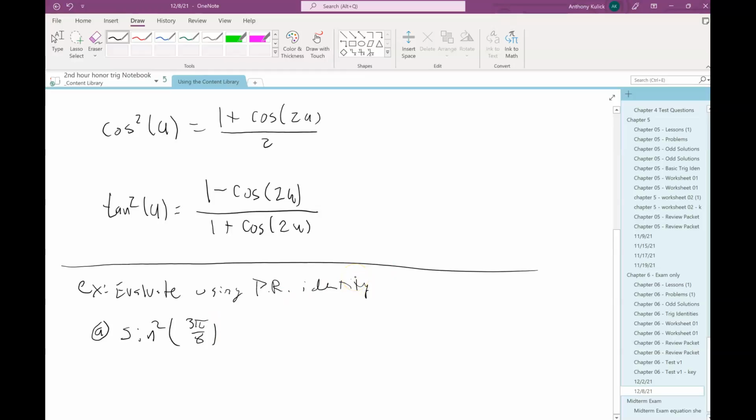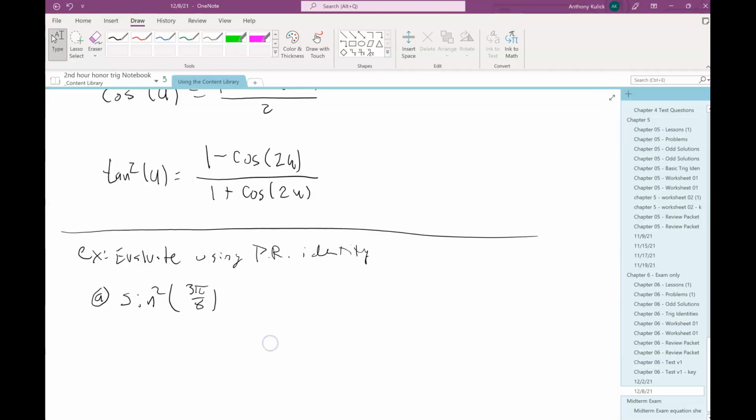So if we're going to do sine squared of 3 pi over 8, we're just going to be using the power reducing for sine, which allows us to write this as 1 minus cosine of 2 times u all over 2. In this case, our u is 3 pi over 8.